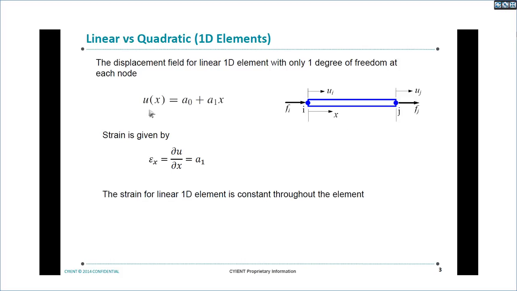When you try to calculate strain, that is differentiating displacement with respect to x, we get a factor called a1. This is a constant. So strain is constant throughout the element.